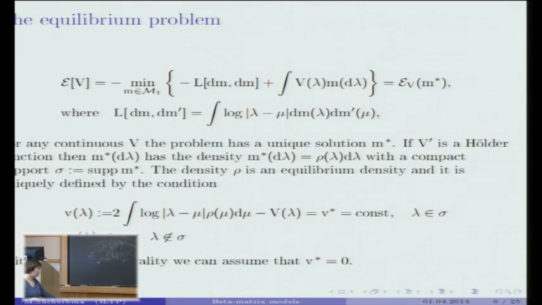I also need to say a few words about the necessary and sufficient condition to have some density rho as a solution of your equilibrium problem. It's written here: you have to construct this function, and it should take its maximum only on the spectrum.